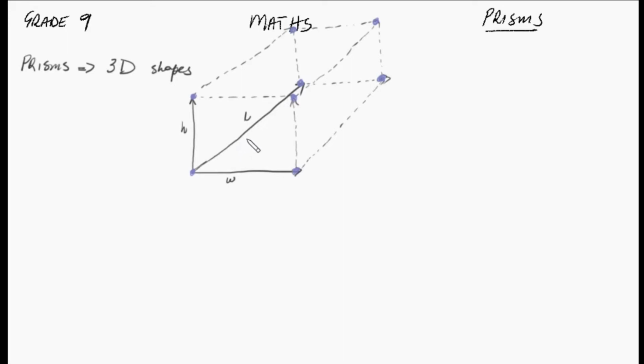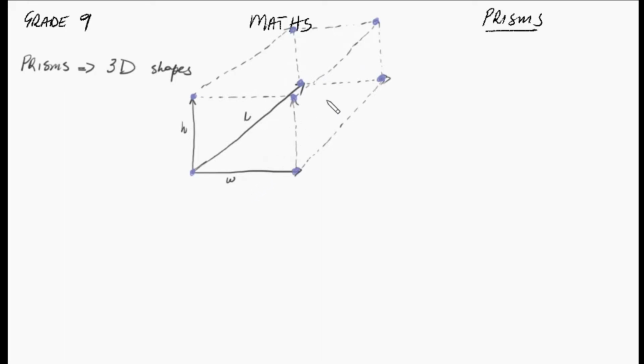Now, we also have faces. Okay? We also have faces. When you talk of the faces, this is a face, this side is a face, this is a face, this side is a face, the upper side is a face, the bottom side is a face, that side on this is a face, there is a face here.